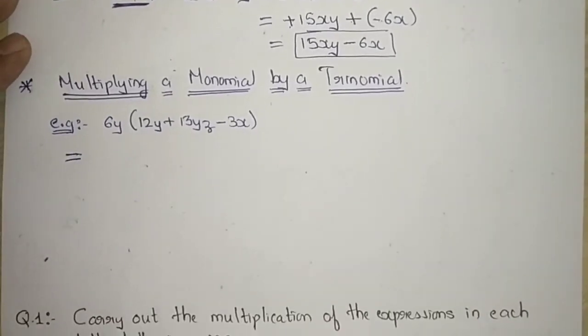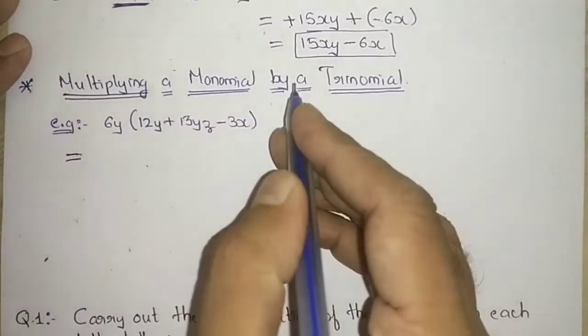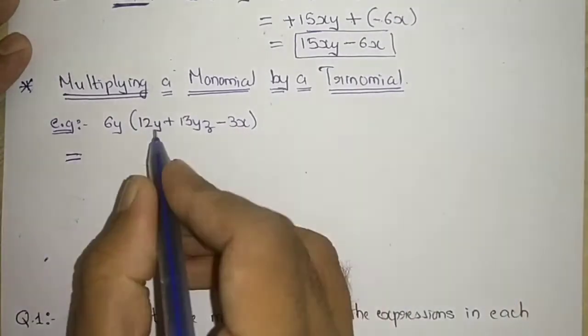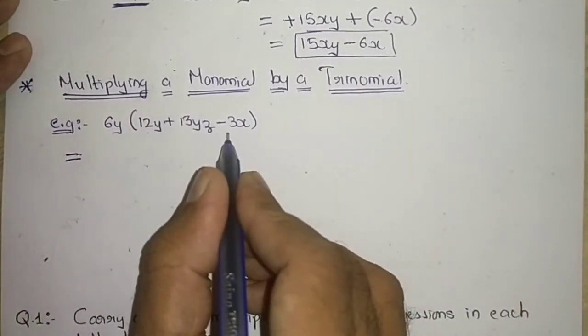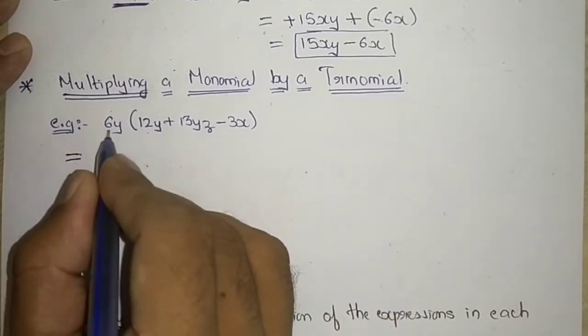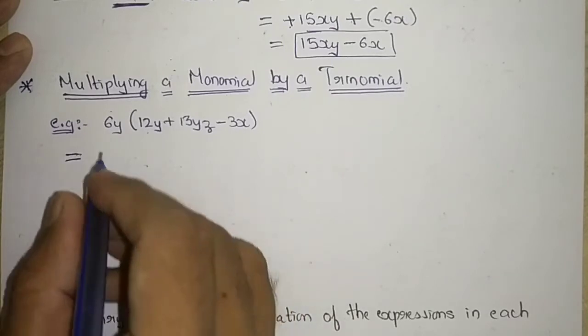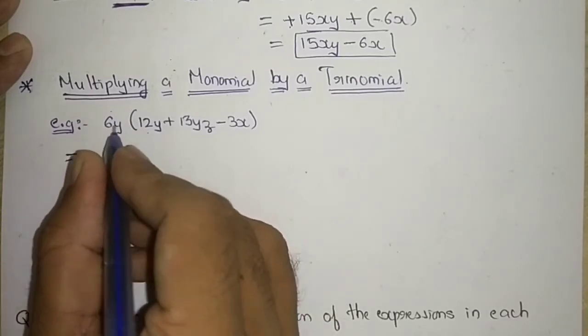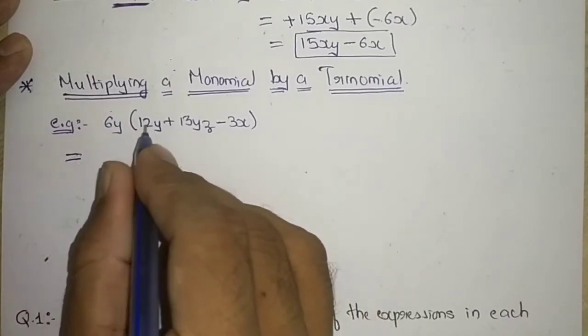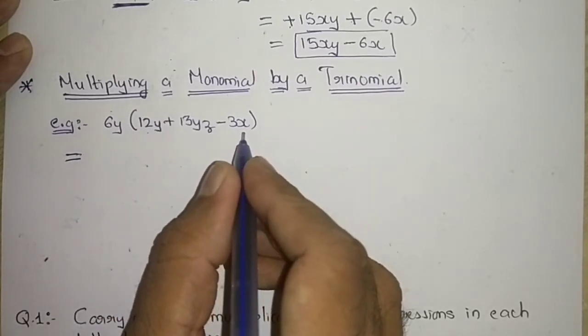Similarly, while multiplying a monomial by a trinomial, that is, an expression with three terms and one monomial, and they tell you to multiply. In the same way, consider this is a chocolate and now you are distributing that chocolate to each term of that class.